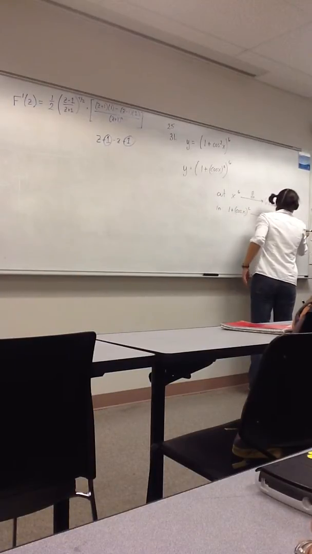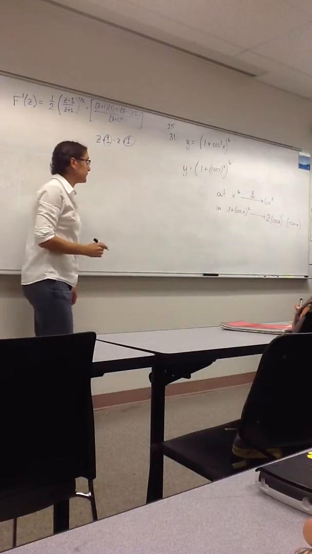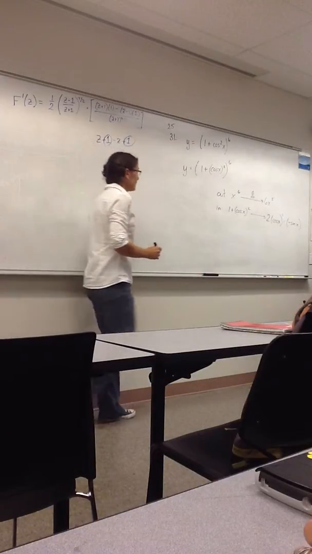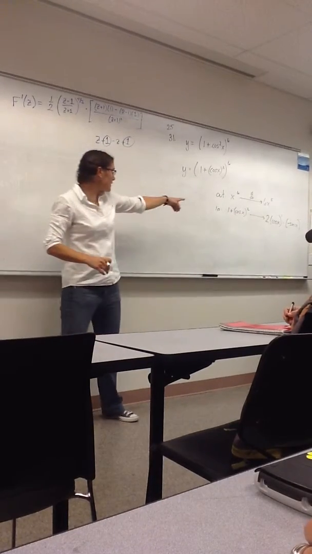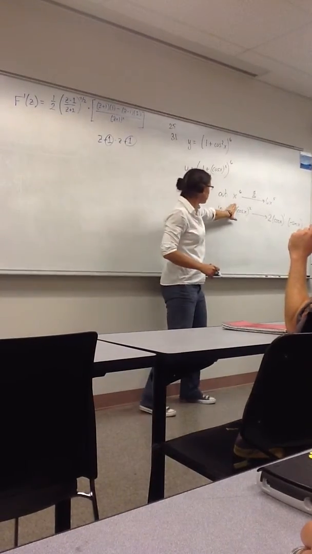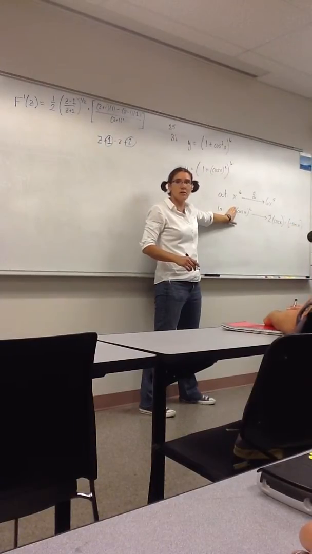And my inside function is cosine x, so its derivative is negative sine x. Are there any questions on calculating that derivative, the derivative of cosine of x quantity squared? I used the chain rule, I just didn't write out my inside and outside.